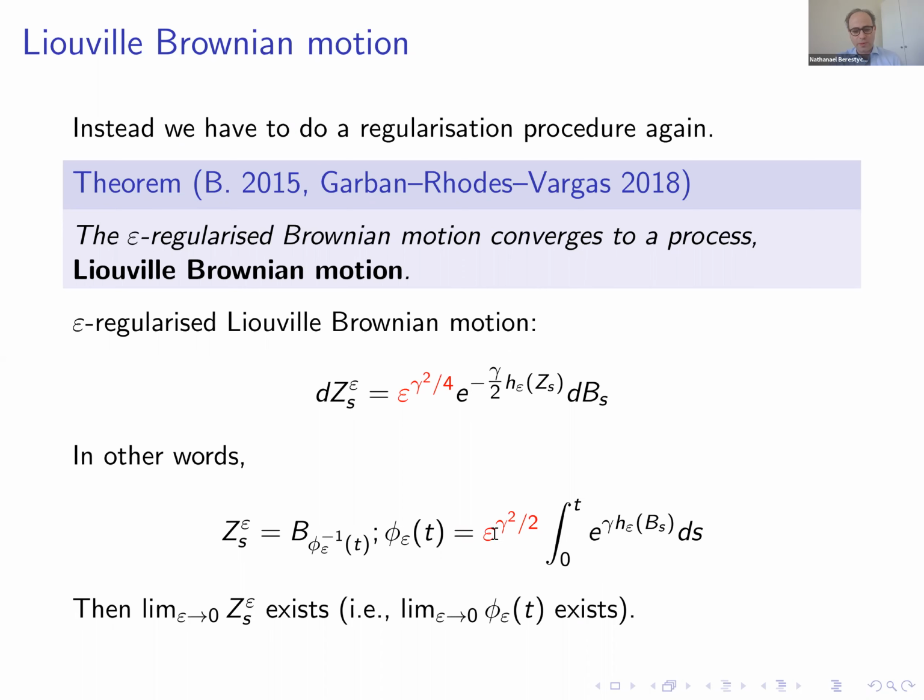And you normalize it appropriately, and you use this clock to time change your Brownian motion. So the value of the Brownian motion at time s will just be the regular Brownian motion time changed by the inverse of this clock. And then the theorem says that as epsilon tends to 0, there really is a limit, uniformly on compacts, when you do that.